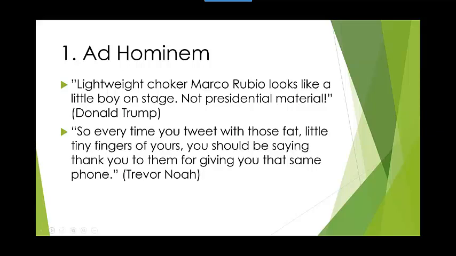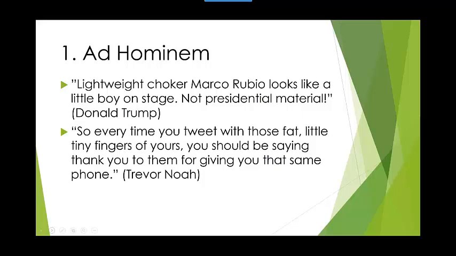And then on the flip side, Trevor Noah, on his talk show, is saying, "Every time you tweet with those fat little tiny fingers of yours, you should say thank you to them for giving you the phone that let you make the tweet." So at least with this sentence taken out of context, Trevor Noah has not made any criticism of what Donald Trump is saying.